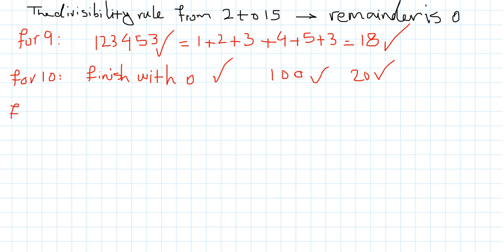For 11, we should start for 11. If you have number, we should start to alternate positive negative between the digits. If the add and subtract of the digit give a number that it can divisible by 11, we say this number is divisible by 11.